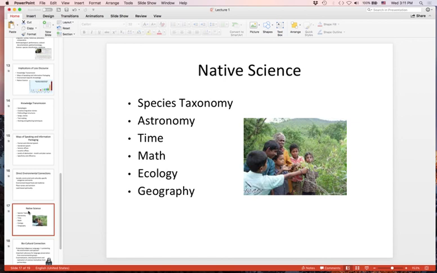And there's an example from them about the classification of trout and salmon. The Musqueam people always knew that trout and salmon were the same species. They were salmon. There was no word for trout. They were always called salmon. Westerners came in, they looked at salmon, and they said that was one type of fish, and trout, well, it had a different life cycle, so they called it trout.